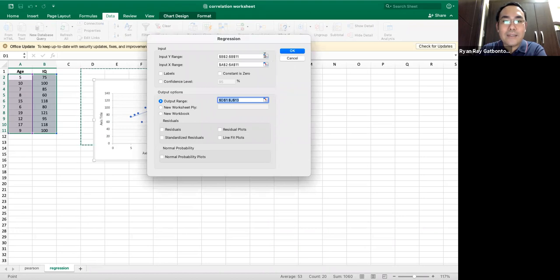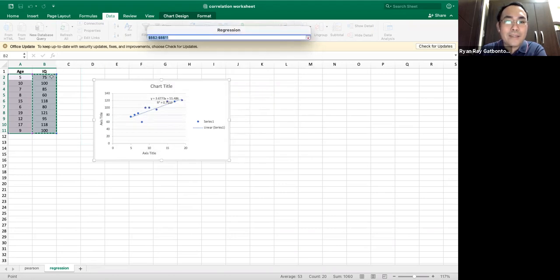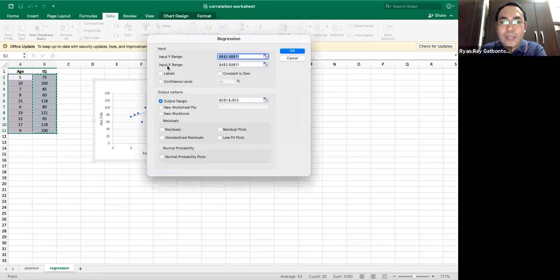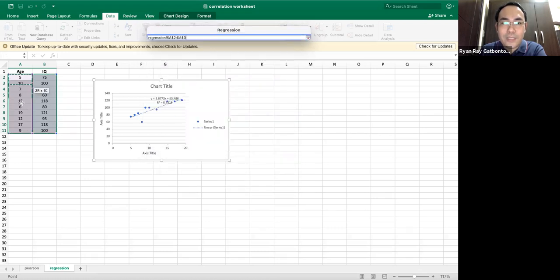Now we select the input for the Y range. We select this part for the Y variable because we established before that IQ is the dependent variable, and the X variable is your age.